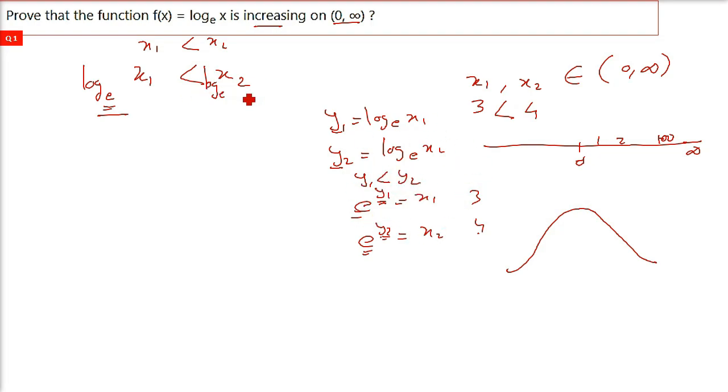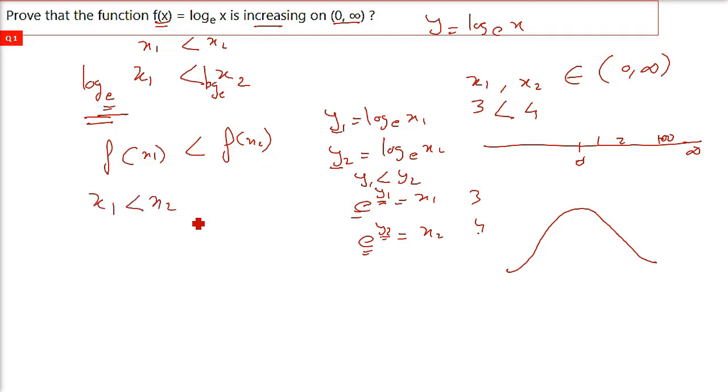So I'm just saying log x1 is less than log x2, and log x1 is what? See, f x is log x, so f x1 will be log x1. Log x1 is f x1 only, this is the function, and log x2 is f x2. That is the value of the function at x1 and x2, which we took as random values between 0 and infinity. Because it is the natural log, x1 less than x2 implies that f x1 is also less than f x2.